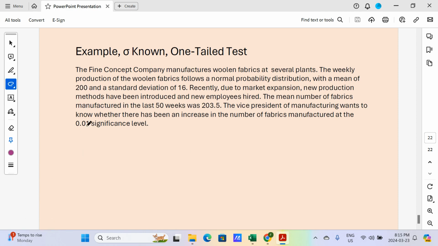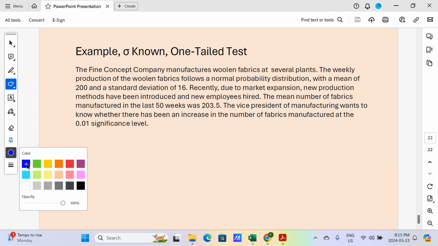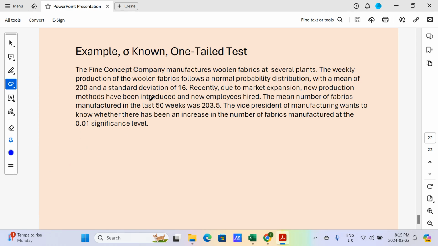So far, I know about the mean of the population, which is 200, and its standard deviation, 16. Recently, due to market expansion, new production methods have been introduced and new employees hired. The mean number of fabrics manufactured in the last 50 weeks was 203.5.